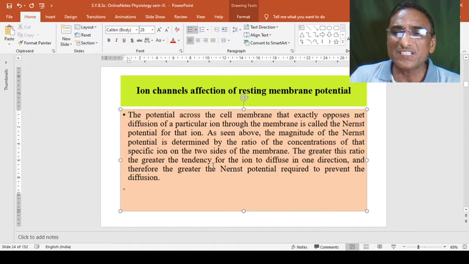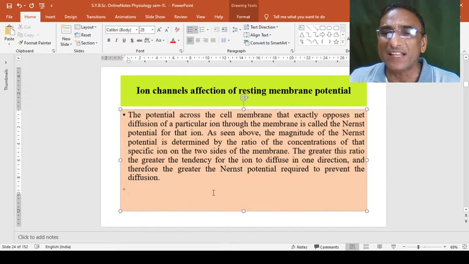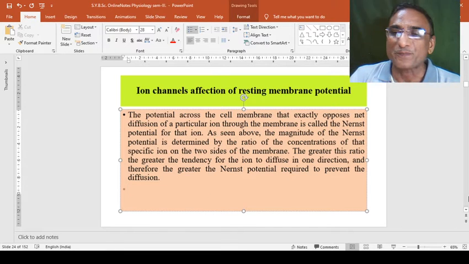If this is toward one direction, the greater the Nernst potential required to prevent the diffusion, and this is naturally balanced by the ions. Diffusion is the direct passage through the semi-permeable membrane, or if ions are slow, they generally move passively across the membrane.